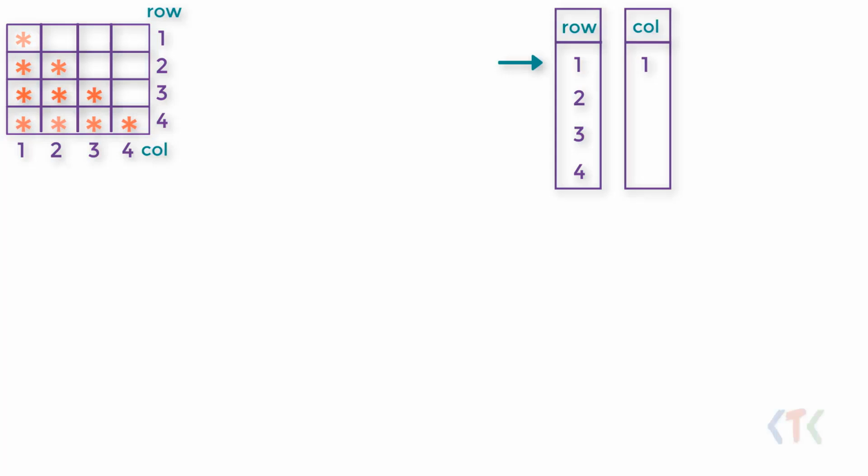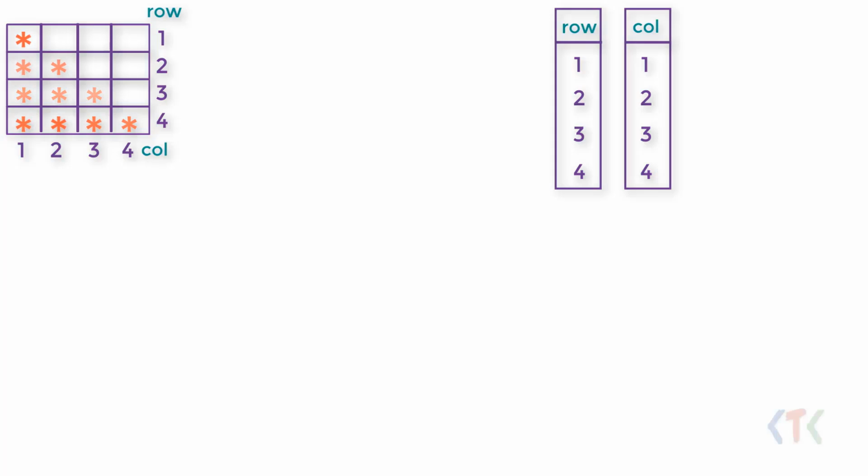When we are at row 2, the inner for loop will execute twice. And when we are at row 3, the inner for loop will execute thrice and print a star 3 times. This way it also prints 4 stars when the value of row becomes 4.